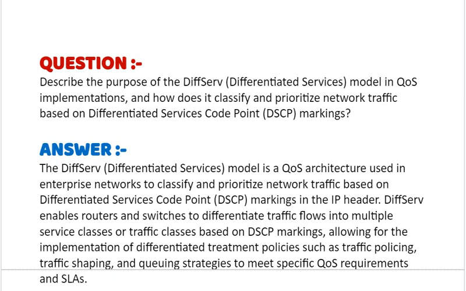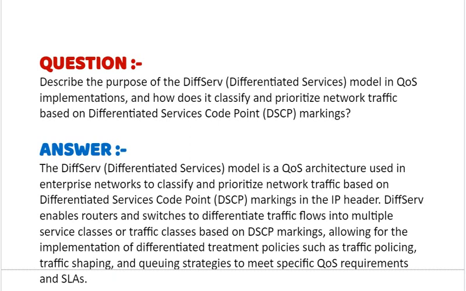Our interview question based on Enterprise Advanced Routing and Services is: describe the purpose of the DiffServ differentiated services model in QoS implementations and how does it classify and prioritize network traffic based on differentiated services code point DSCP markings.